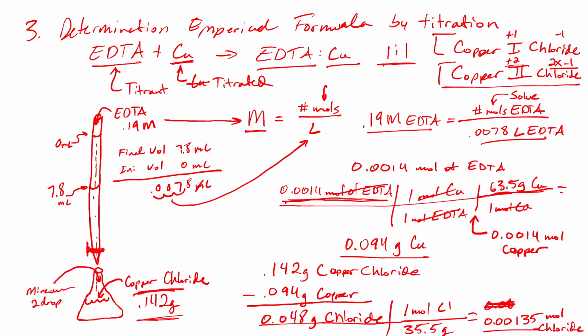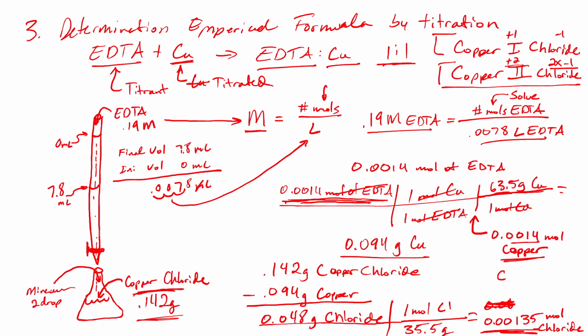So if you look at the number of moles of copper you have, it's actually the exact same number of moles of EDTA you have, which makes sense because it's a 1-to-1 molar ratio. And it's at 0.0014, and look at the number of moles of chloride you have. It's 0.00135, which is basically 0.0014. So you now have the same number of moles of copper as chloride, which means it's a 1-to-1 molar ratio between copper and chloride.